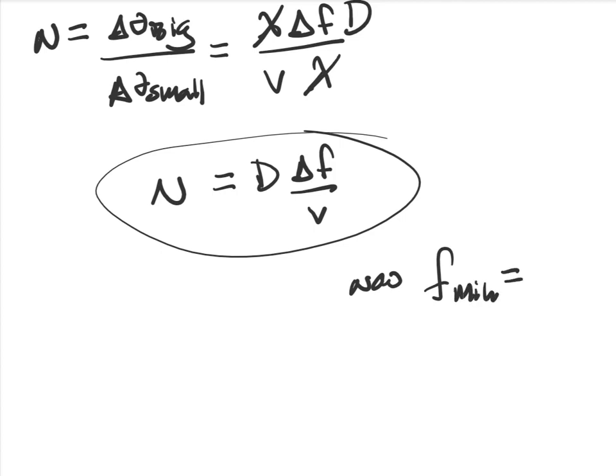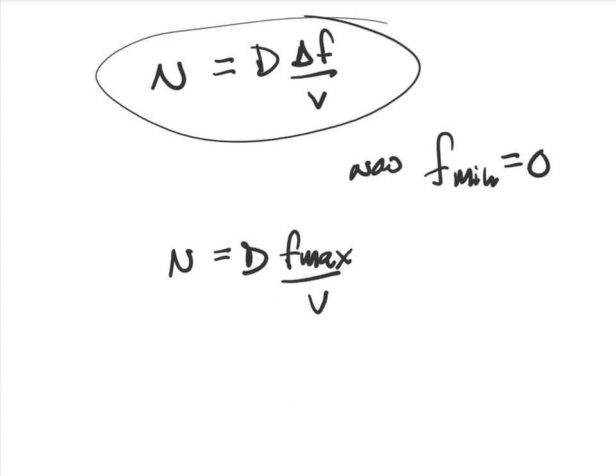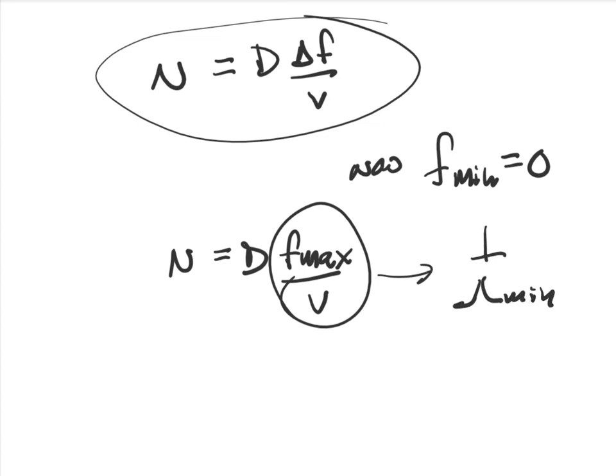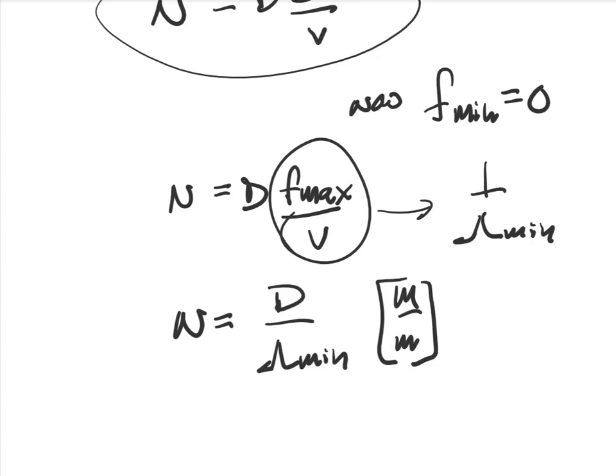Now there's a special case where you say that the lowest drive frequency is actually 0. It goes way low. In that case, the number of scannable points is equal to the aperture times f max over v. And that is just equal to 1 over the minimum spatial frequency. So n in this case is just the illuminated aperture divided by big lambda minimum.